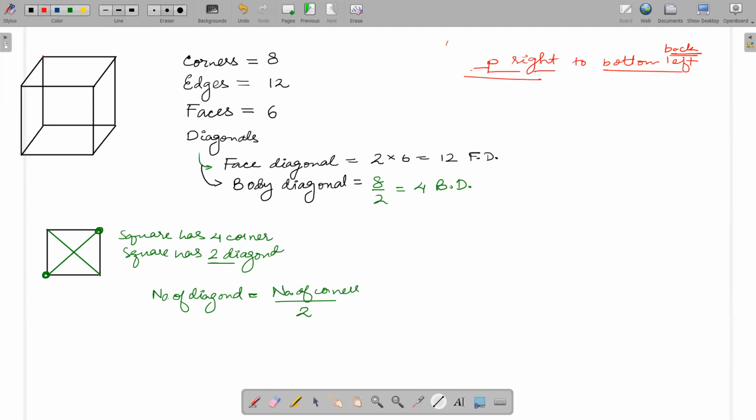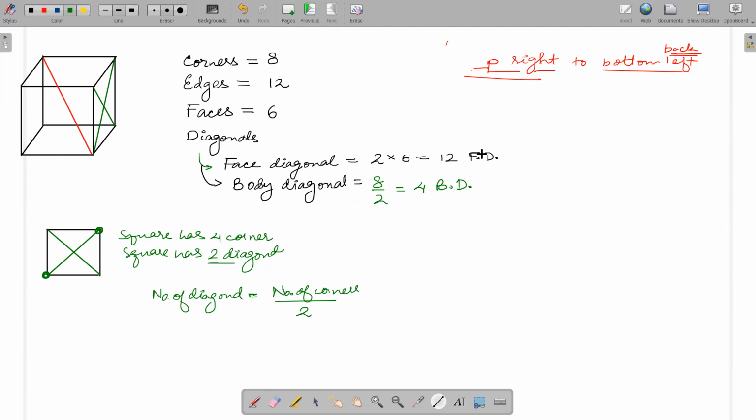So this body diagonal is in red, and then you have a green face diagonal. Make these 2 face diagonals. Okay. So come on, copy this.